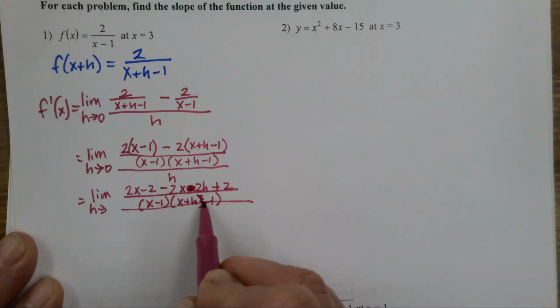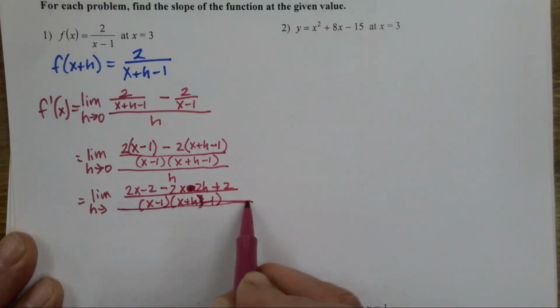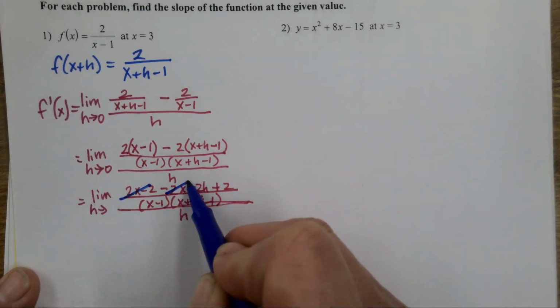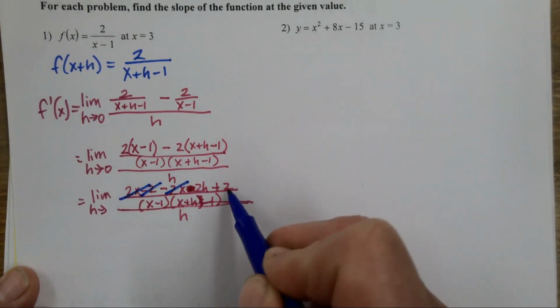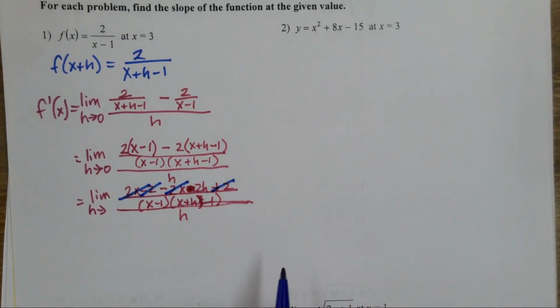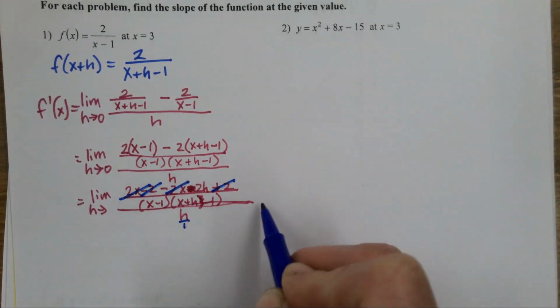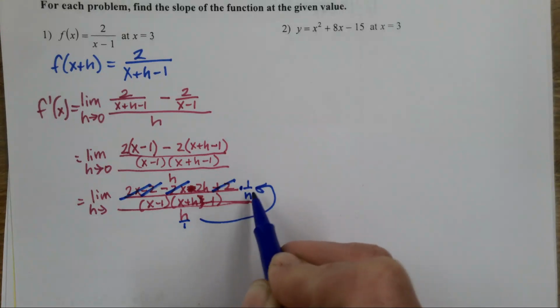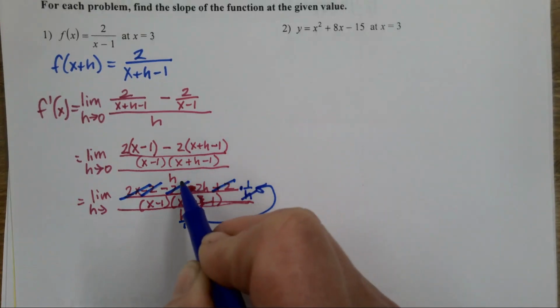This is getting messy. Sorry about that. If you did this correctly, a lot of things should cancel off. So 2x minus 2x minus 2 plus 2. I'll put my h over 1 and then I'll flip and multiply, and I'll also cross off my h.